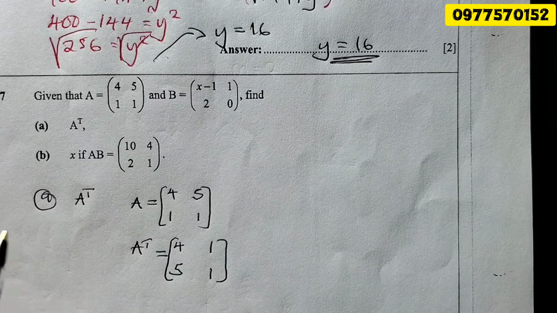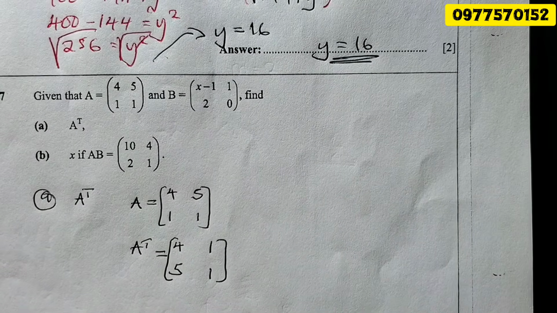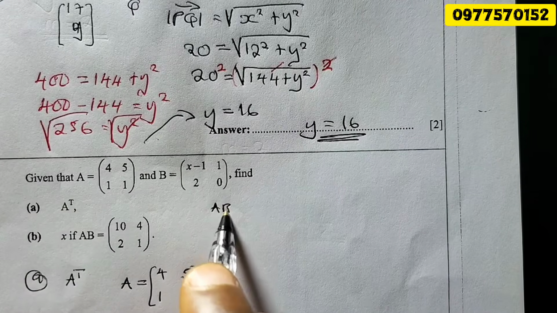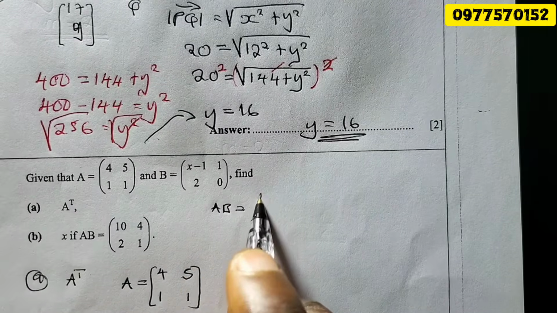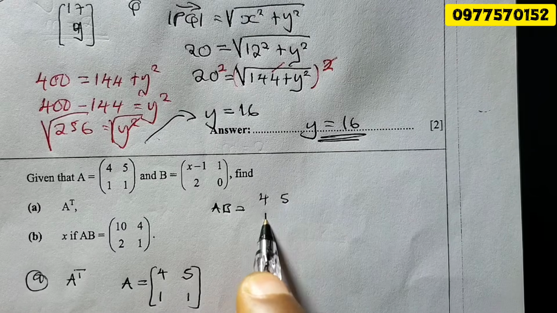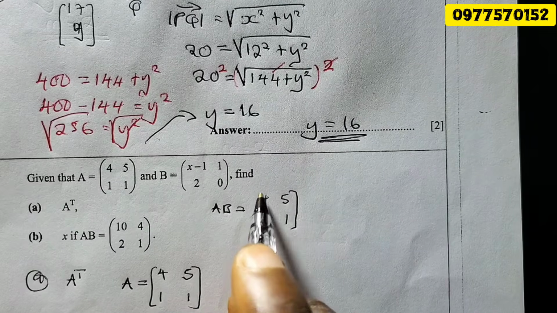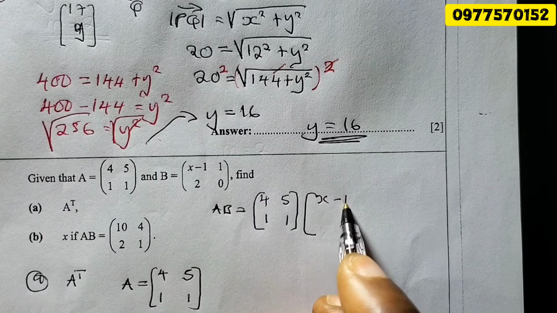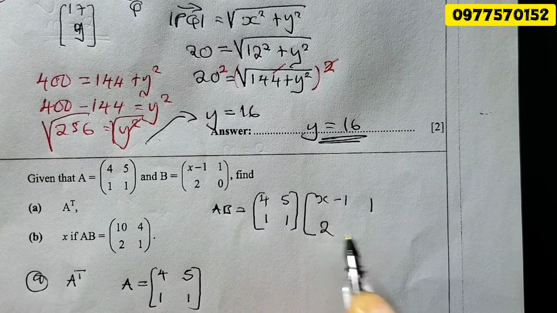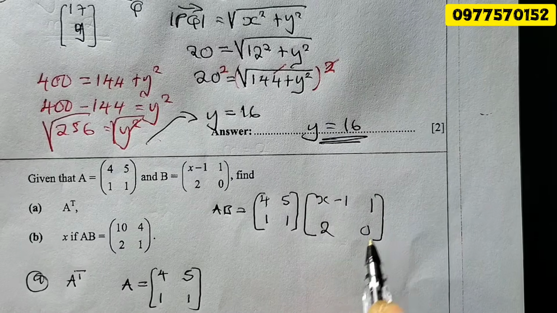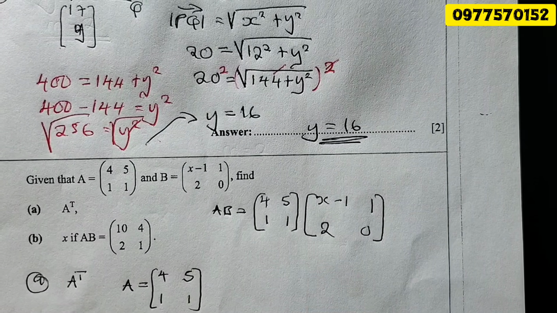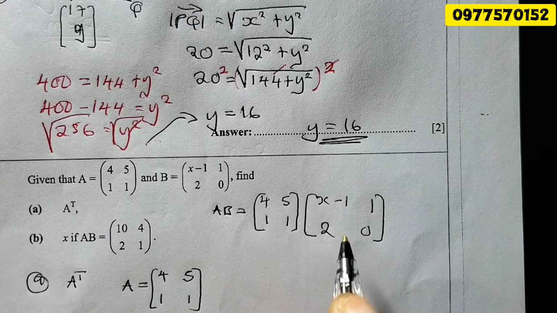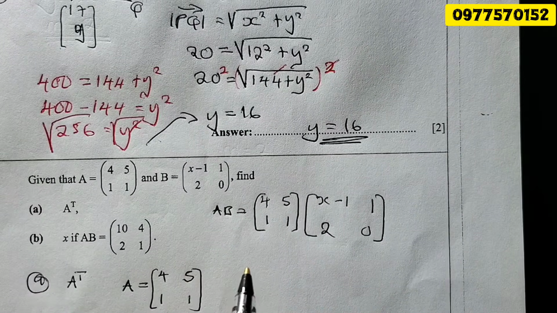We're going to say matrix AB is equal to 4, 5, 1, 1, which is matrix A, multiplied by matrix B, which is x minus 1, 1, 2, 0. Are you following? Then we can multiply. It is row by column. Are we together? Very good.